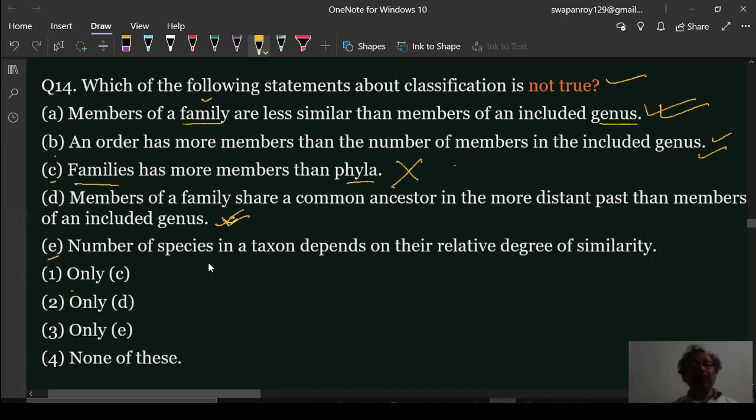E, number of species in a taxon depends on their relative degree of similarity. This is also true because according to the similarity and dissimilarity, the number of species will be within a particular taxon. So our answer is option 1, that is only C is not true.